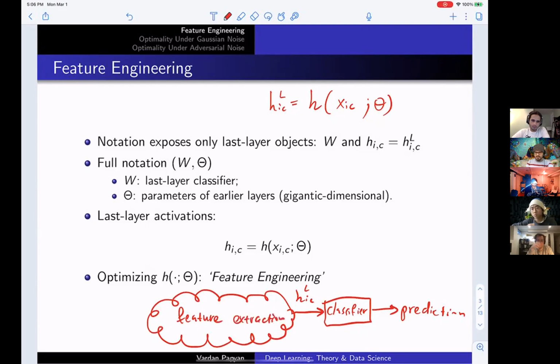There are many different layers prior to the last one that are creating the last layer features. And at the beginning, we had the x_ic, which are the pixels. When you train your network, what you're doing is usually called feature engineering. So what does it mean to do feature engineering? In some sense, it means optimizing these h's.